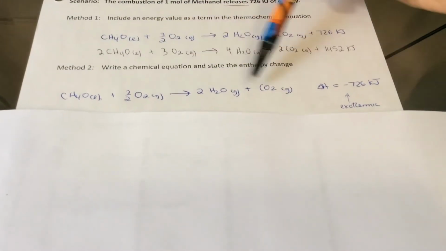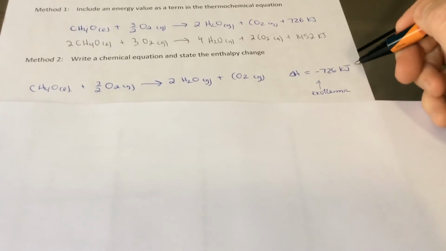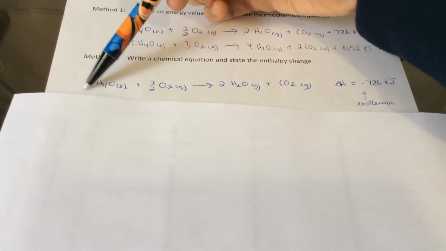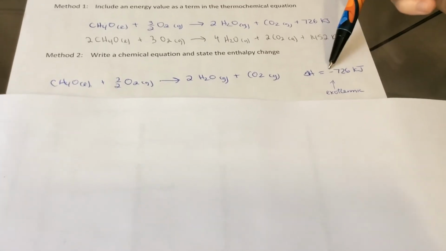So that's another method. You have the balanced chemical equation, and you have the delta H. Now again, there's no per mole written here because these 2 pieces of information go together. When I read the equation, this is per 1 mole. That amount of energy released per 1 mole of the methanol.